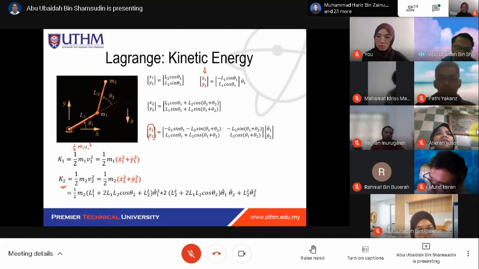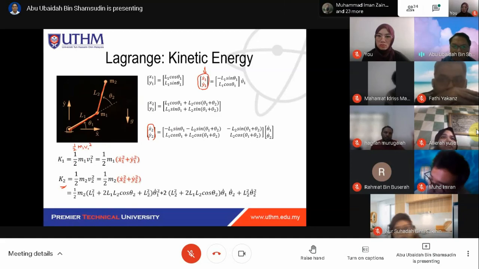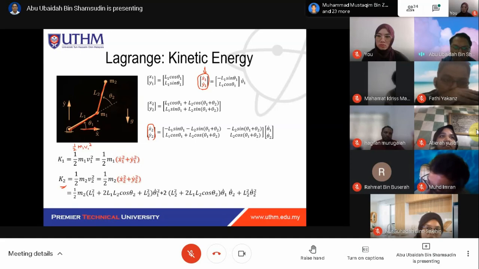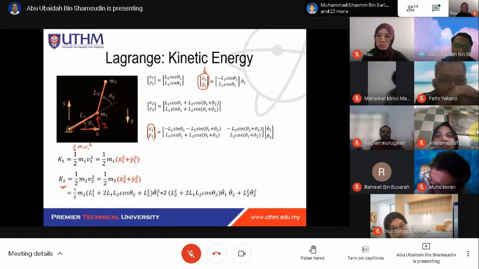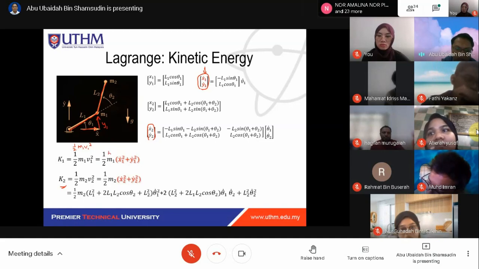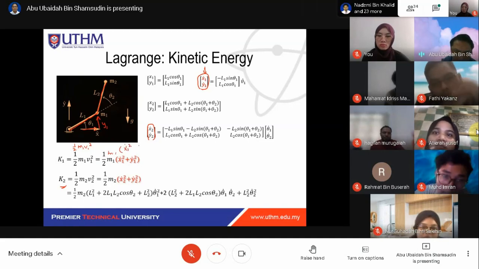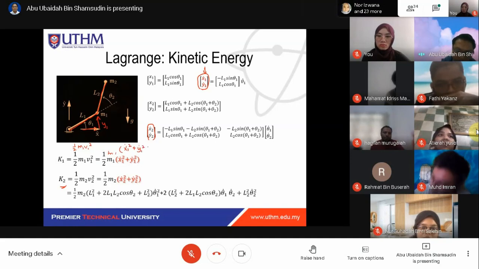We know this is v1 because for the kinetic energy we need to add all the energies. We have the energy moving in the x direction and the energy moving in the y direction. That's why we need to add x1 and y1. So we have half m1 times x1 velocity squared plus y1 velocity squared.